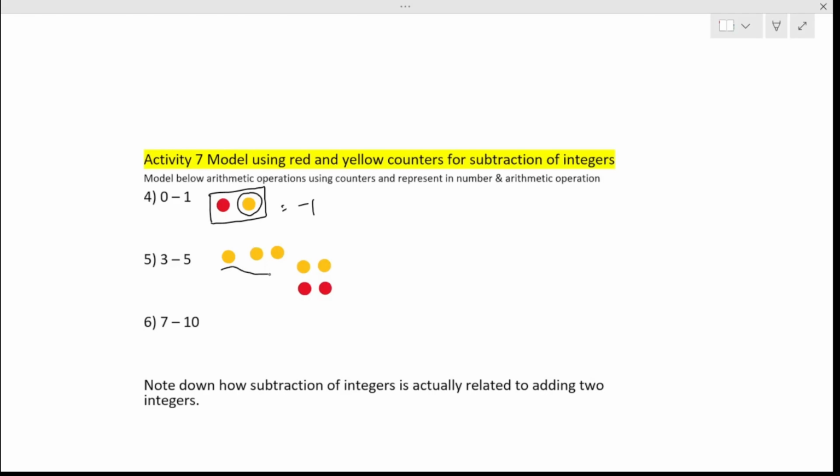So now will you be able to take away 5? Yes, you can take away 5 and the remaining is minus 2. So 3 minus 5 is minus 2.